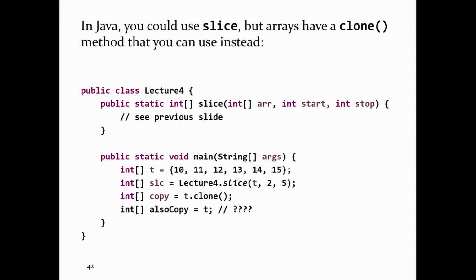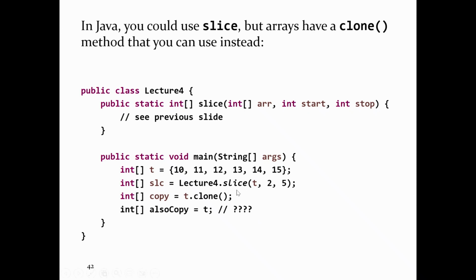It's just another name for that array here. If you write copy[0] equals 1, that element there changes to 1. So that doesn't make a new array. It just makes another variable that points to or refers to the same array that t does. And it's because in Java, arrays are reference types, just like lists are reference types in Python. So don't write that if you actually need an independent copy.